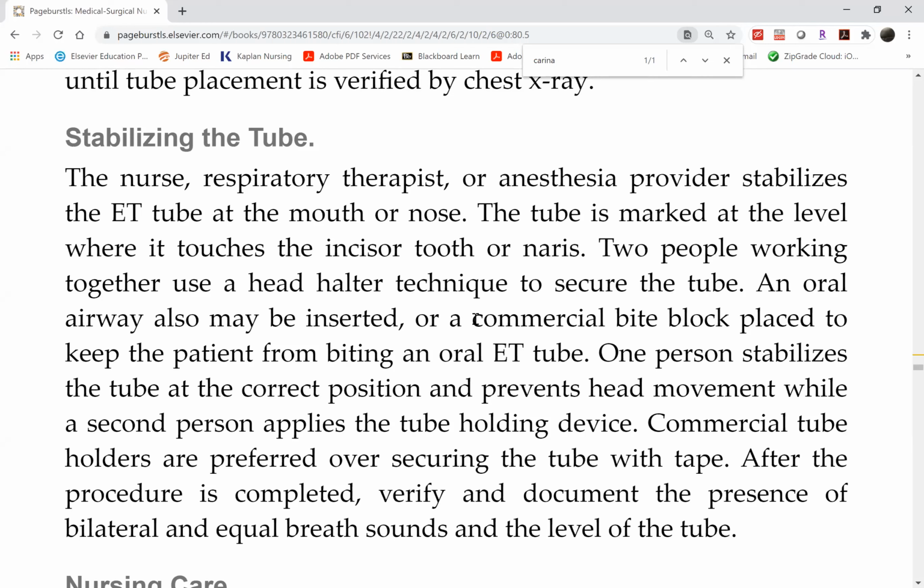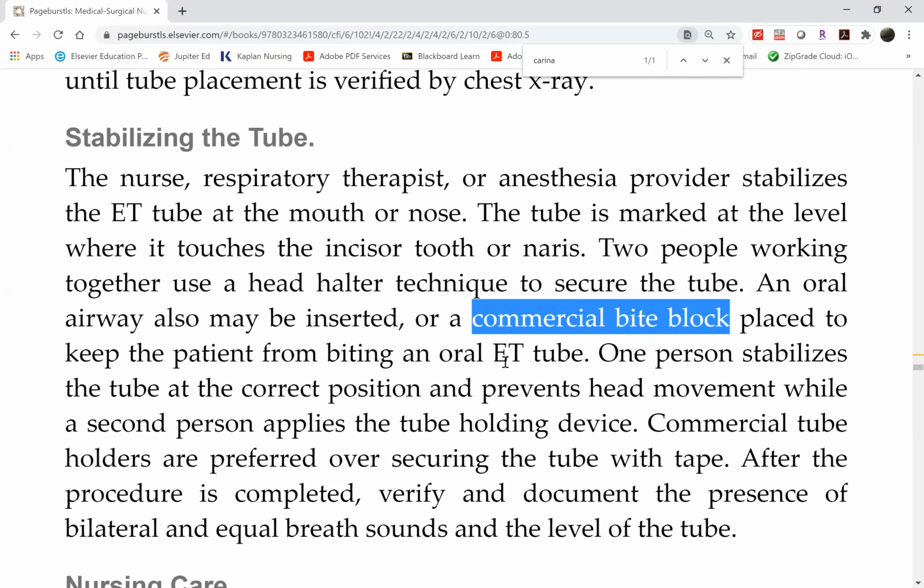Or some doctors prefer a bite block to prevent the patient from biting the tube, which is handy because, let's say in your busyness you forgot to hang a new bag of sedative, for instance the propofol was empty, and the patient's awake and now confused, they're going to bite that tube. And of course, that will trigger your high pressure alarm, so it's better to put a bite block.